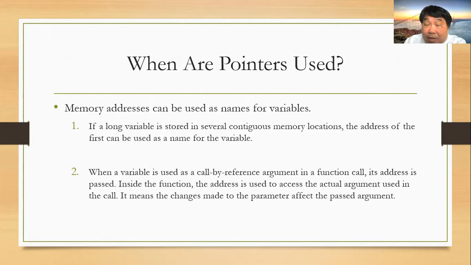In call by value function calls, the values of the arguments are accessed only once when the function is first called. Then the value stays the same during the whole life of the function call. So this is the difference between call by reference and call by value. Those are the two occasions pointers are used, and it is more efficient to use pointers.